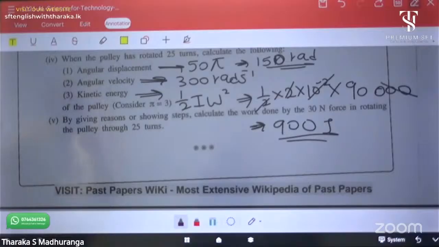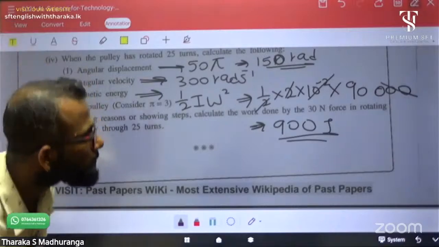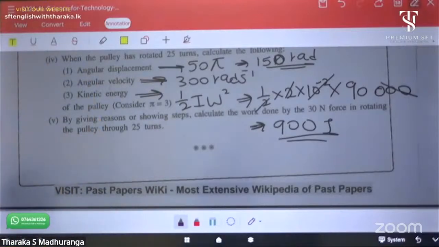Now you can try. The question asks the work done by the pulley within 25 turns. Actually, no need for calculation. You all have the answer now. Hurry. Try it now.